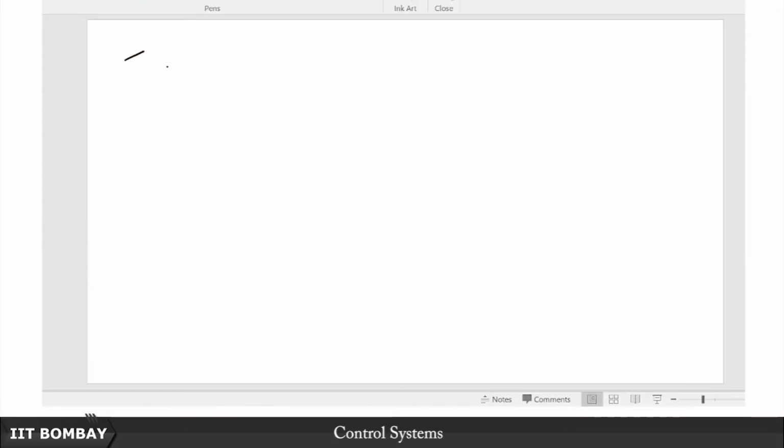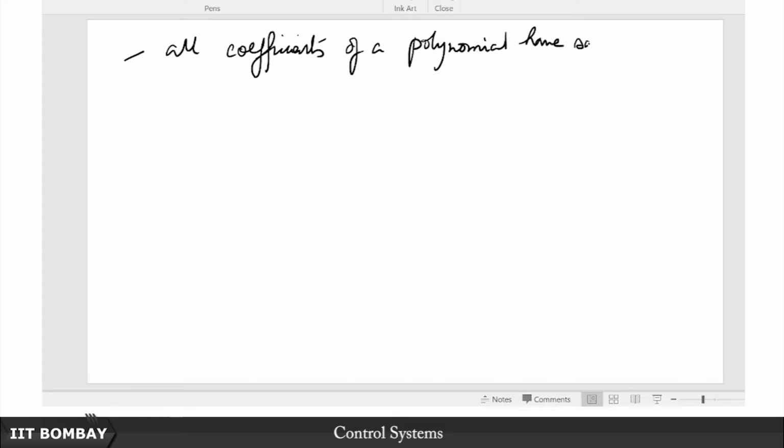The first, and probably the one that I have least referred to, probably I just referred to it just once in the last lecture, but you see there is this thing about all coefficients of a polynomial having the same sign.